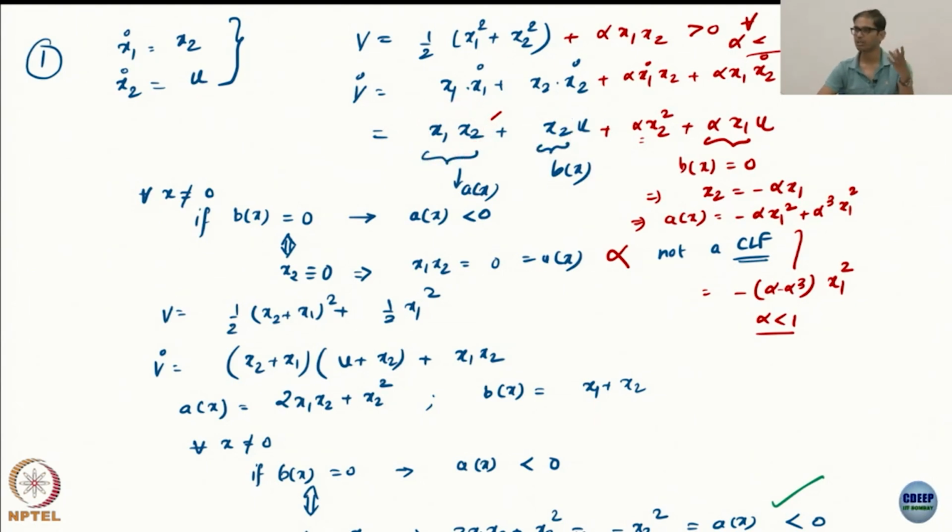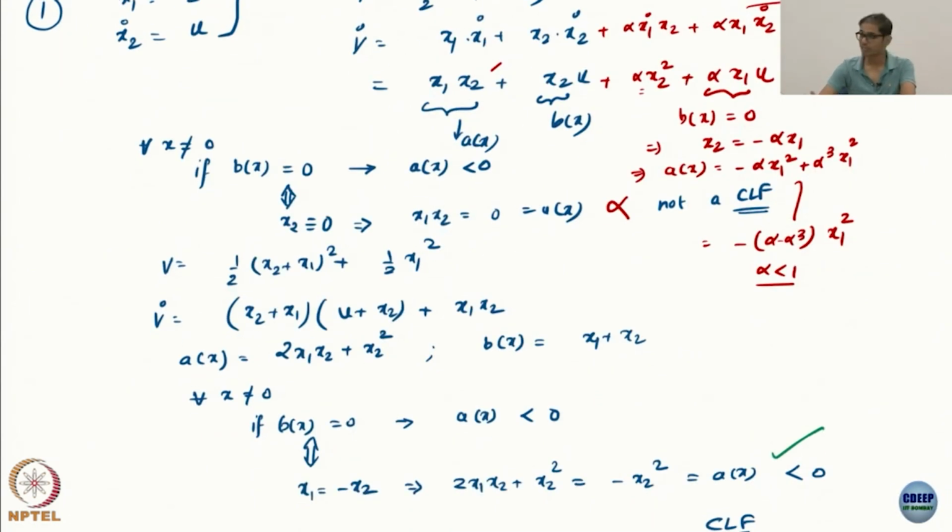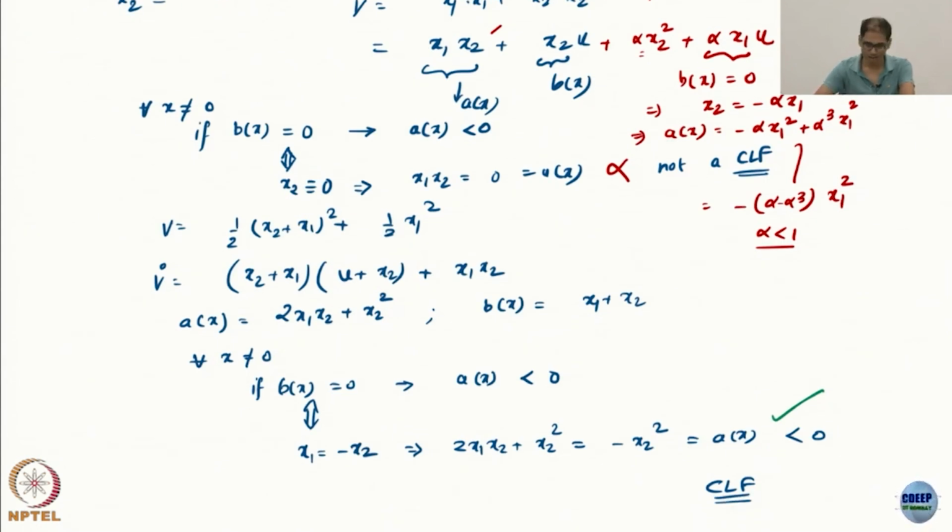There was an issue, and then it almost seemed like I arbitrarily gave a CLF. I said this is a CLF. Of course we verified it, but I didn't tell you any motivation for how I came up with it. I just wrote this, and I said let's try this as a CLF. We took the derivatives again.